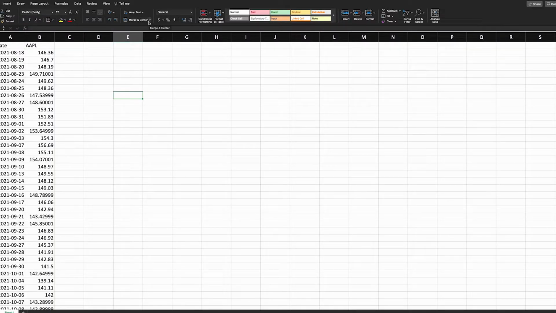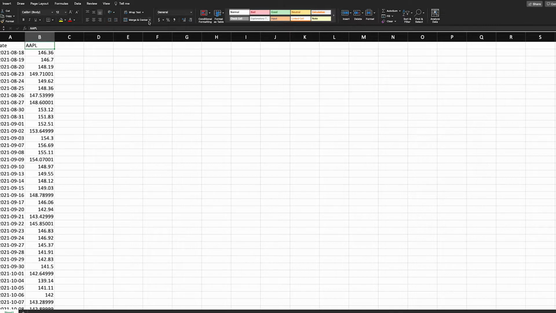So how do we actually apply this concept into our investing process? So here, we're going to demonstrate by using an Excel. In this Excel sheet, we have the daily price data for Apple stock for the past year. Okay, so how do we calculate the annual volatility of Apple stock for the past year?